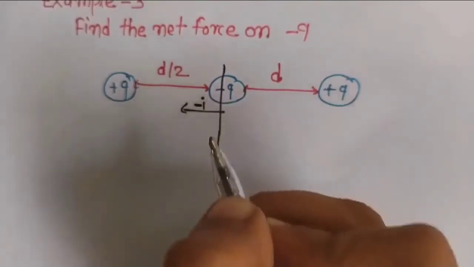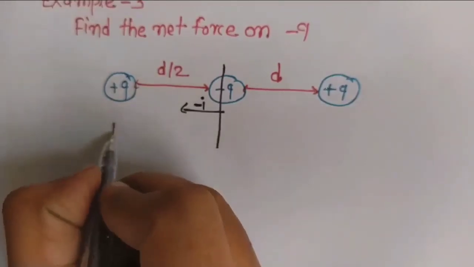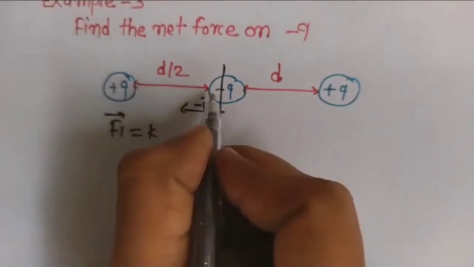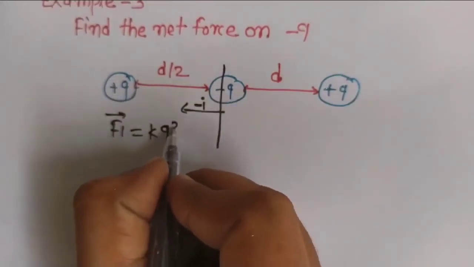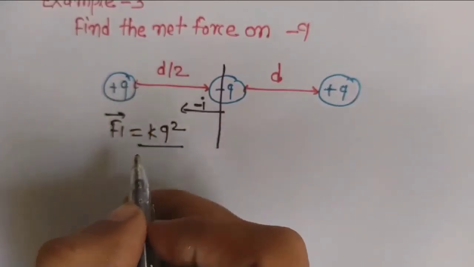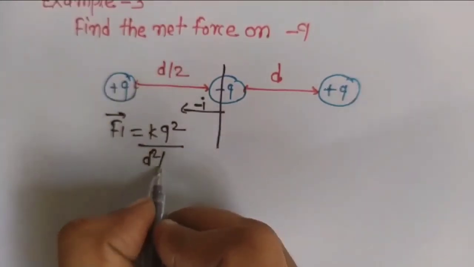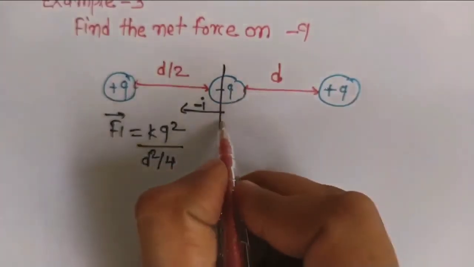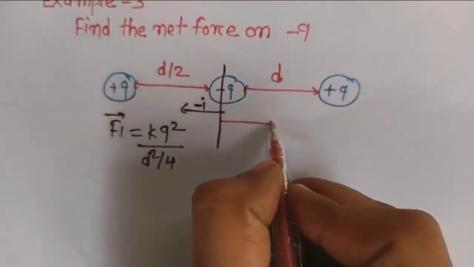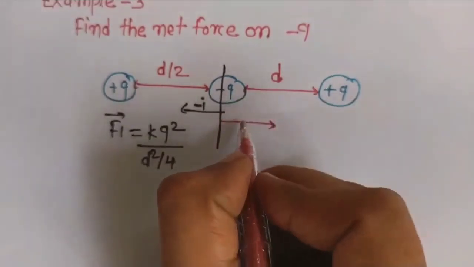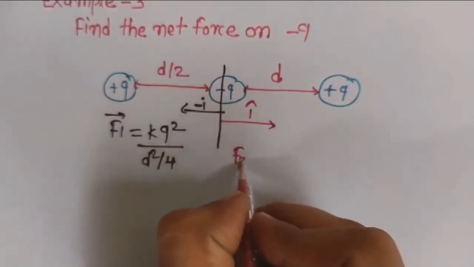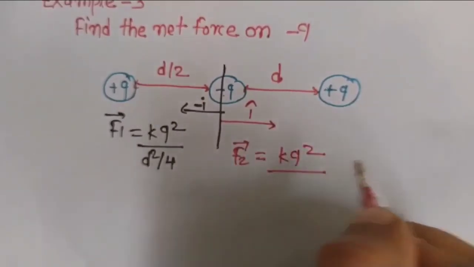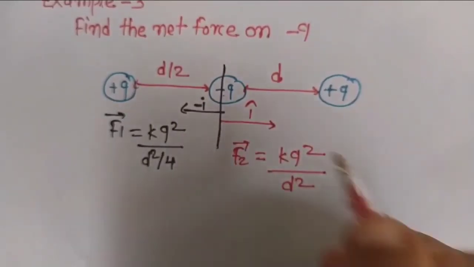Both charges have opposite polarity, that's why they attract each other, and the direction is towards the charge, and it is in the left hand direction, therefore it becomes minus I cap. F1 bar is equal to K Q square upon D square by 4. And F2: both charges are of opposite polarity, the direction is towards the charge, I cap. F2 bar is equal to K Q square upon D square.